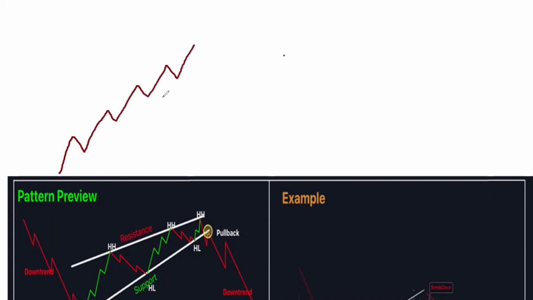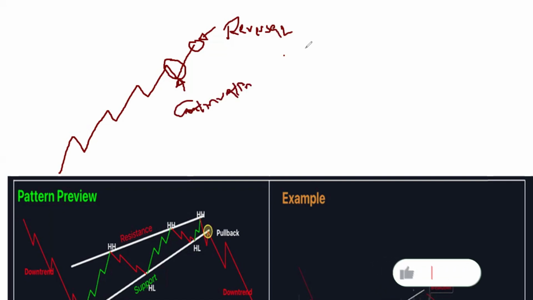You can either look for a pattern at the top here or look for a pattern at the bottom here. If you're looking for a pattern at the top here, you're looking for what we call a reversal pattern. If you're looking for a pattern at the bottom here, after a pullback, you're looking for what we call a continuation pattern. The same thing goes for a bearish trend.